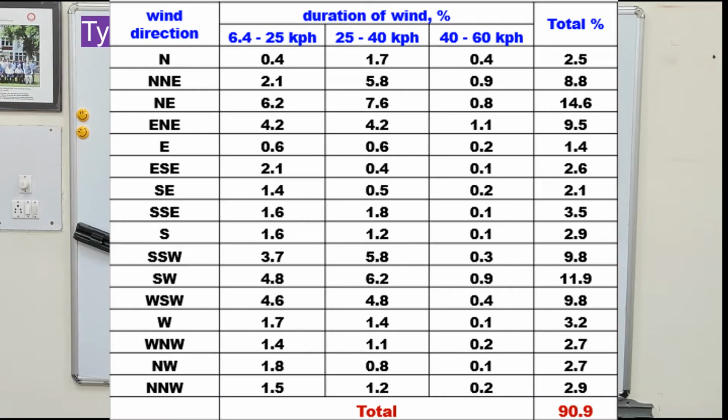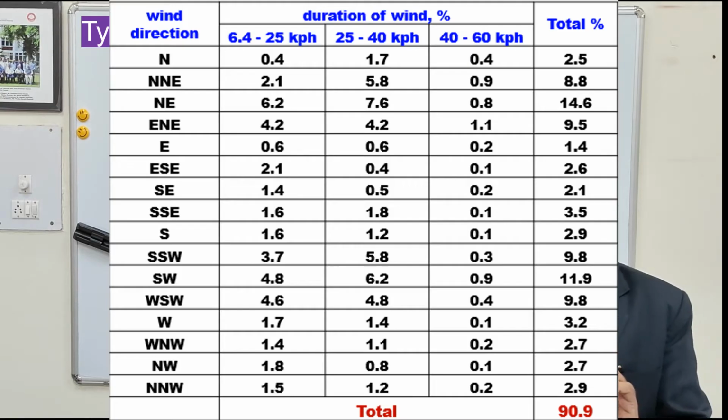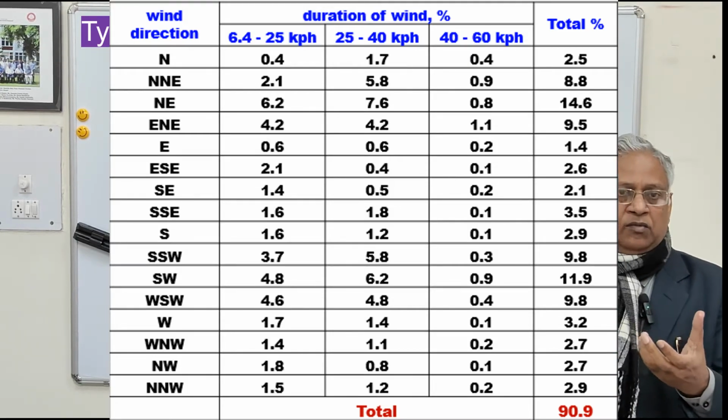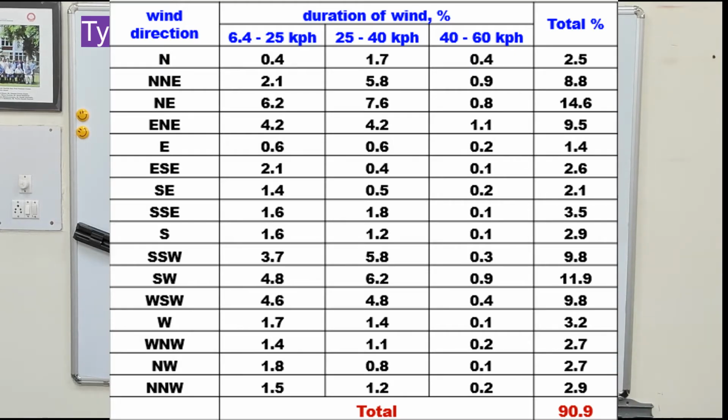Because if you remember, I told in my last session that if the wind velocity is less than 6.4 kilometer per hour, it is considered to be the calm period. It doesn't affect the landing and takeoff operation of aircraft, and the crosswind component will be insignificant. So generally 3 ranges are taken: from 6.4 km per hour to 25 km per hour, from 25 to 40, and above 40 to 60 km per hour.